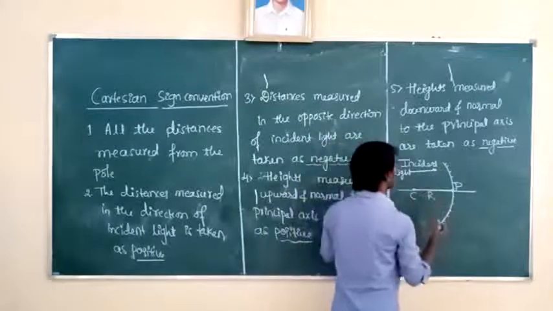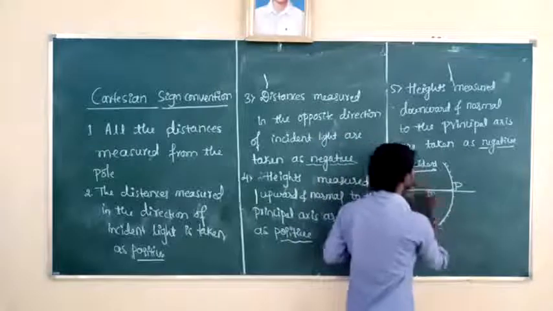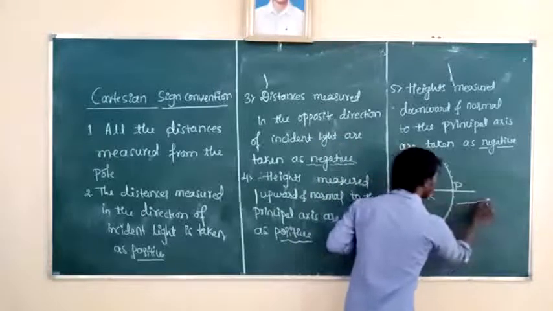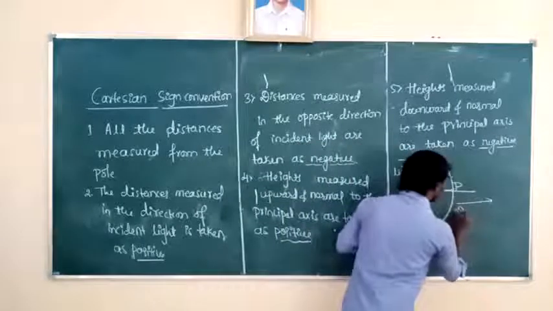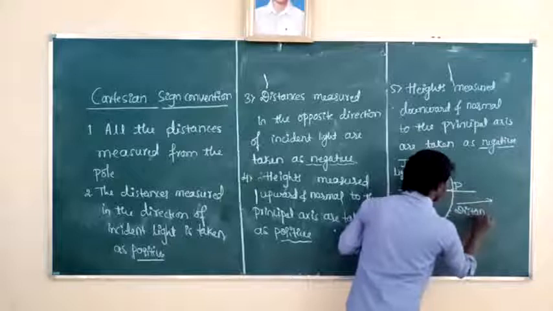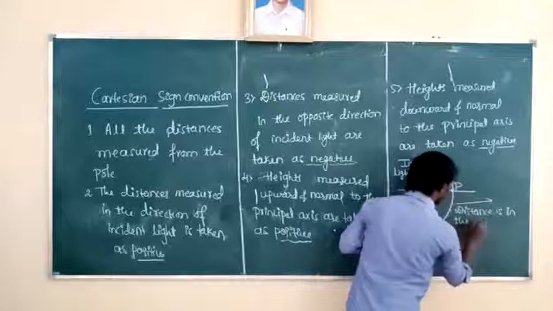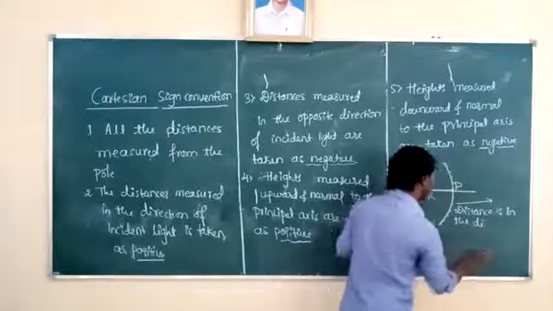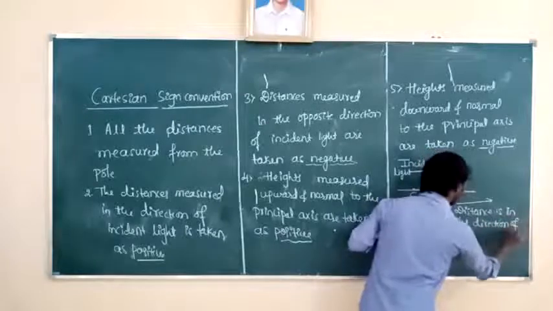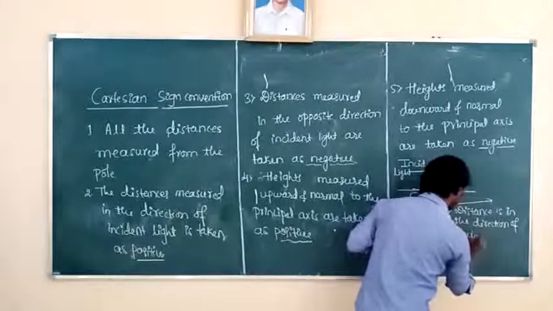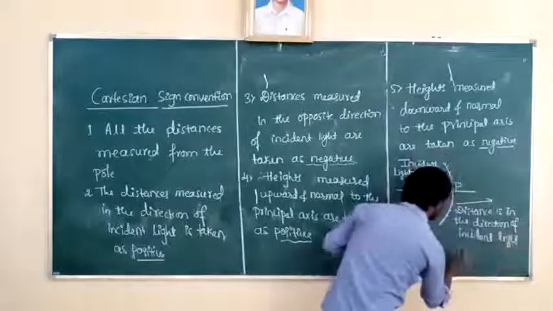If we measure the distance in the direction of incident light, it is taken as positive.